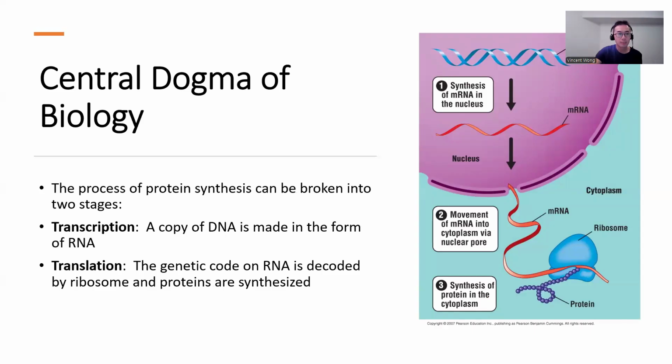Okay, so we should talk about this central dogma of biology. Okay? Dogma means theme. Okay, central theme of biology. By now, you should know DNA contains information to make proteins. But DNA is found inside the nucleus.